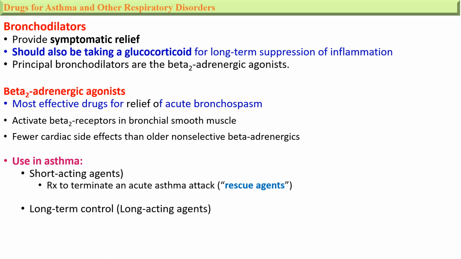The short-acting agents provide quick relief to terminate the acute asthmatic attack, and are called rescue medications for asthma. The onset of the SABA is within minutes, and it may last up to 6 hours.